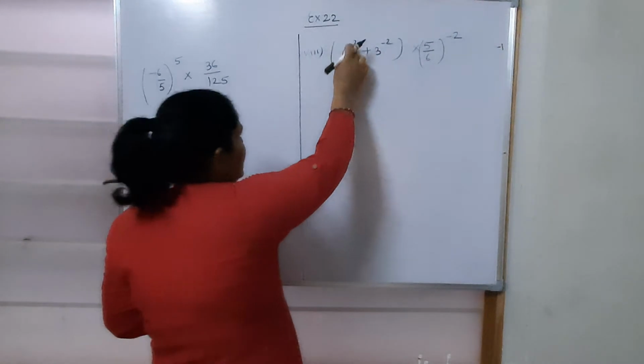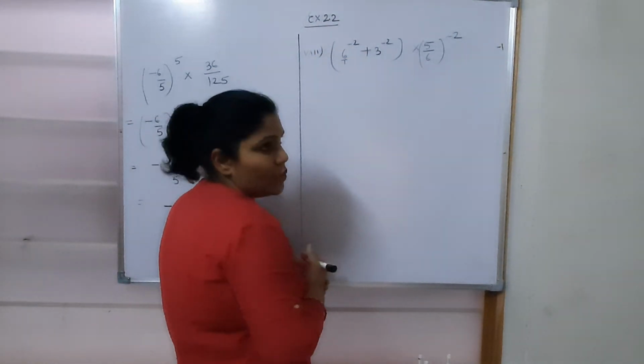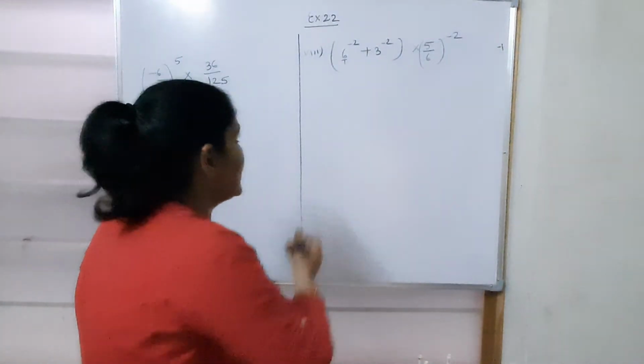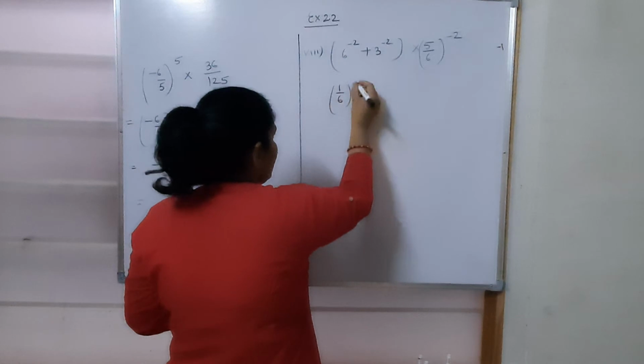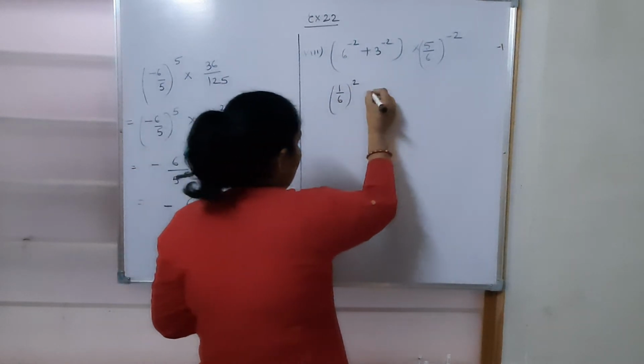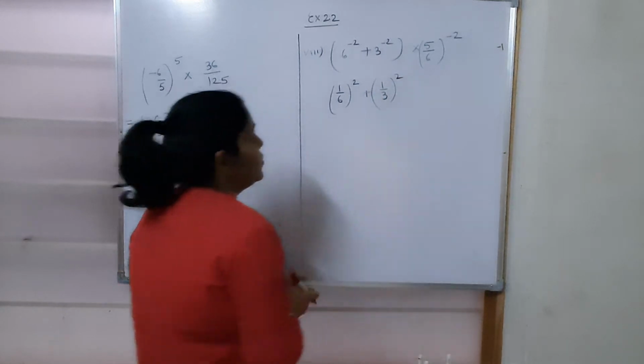So just look here, 6 raised to the power minus 2. To make it positive, we have to take the reciprocal of the base. What is the reciprocal of 6? It is 1 upon 6. So this can be written as 1 upon 6 whole raised to the power 2. And here 1 upon 3 whole raised to the power 2.